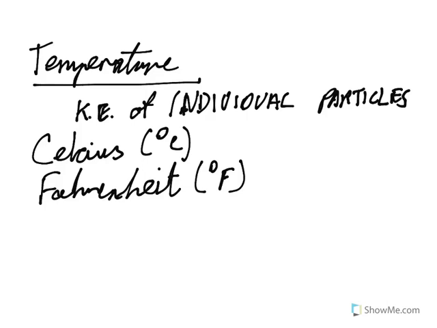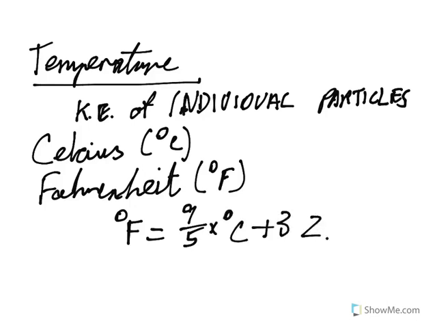There is a relationship between degrees Fahrenheit and Celsius, and that's degrees Fahrenheit is 9/5 times degrees Celsius plus 32. So those countries like the US that still use imperial system use Fahrenheit.